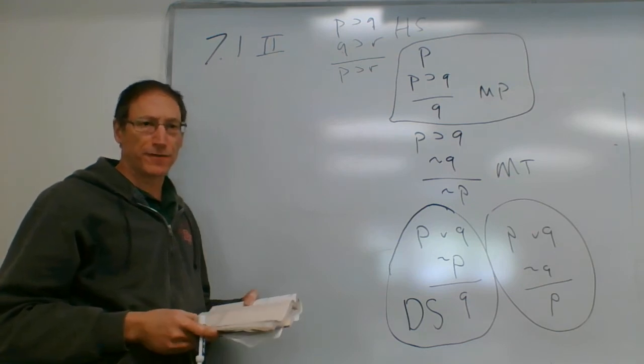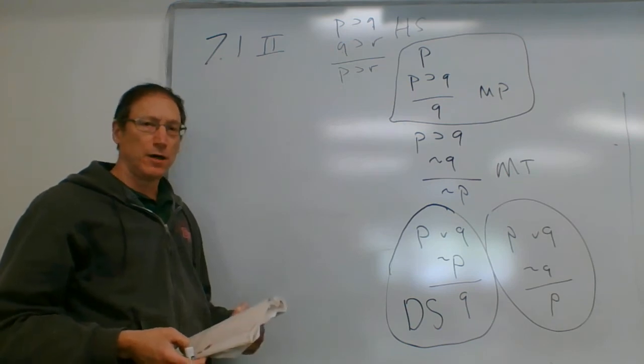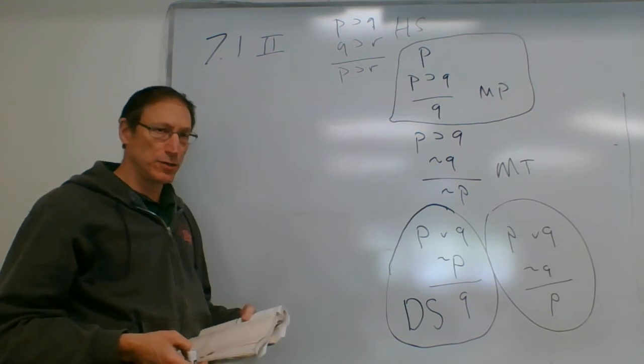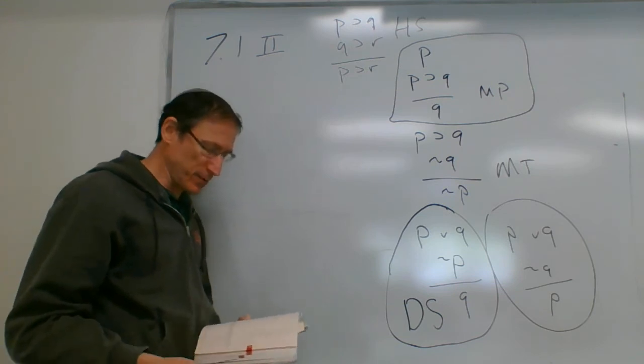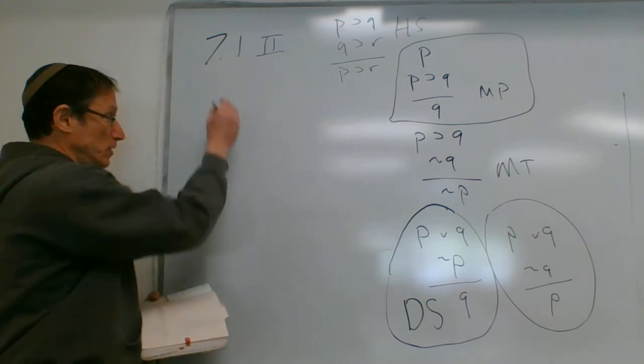What you're supposed to do here is you're given a premise, then you're given a blank, and then you're given a conclusion. And you're supposed to come up with, what would I need in order to get that conclusion using the stated premise? So for example, here in 7.1 number 2, we're going to do number 1.